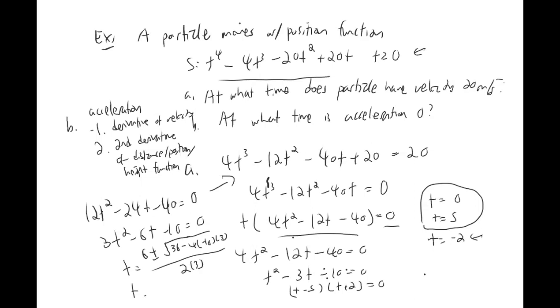So t is whatever this is. 36 plus 120 over 6.